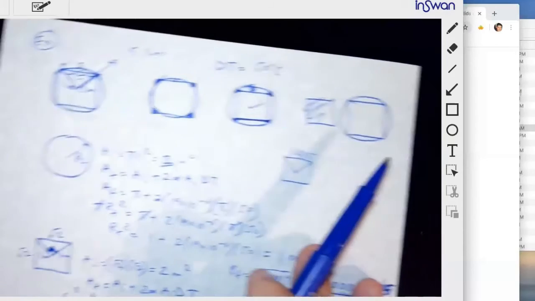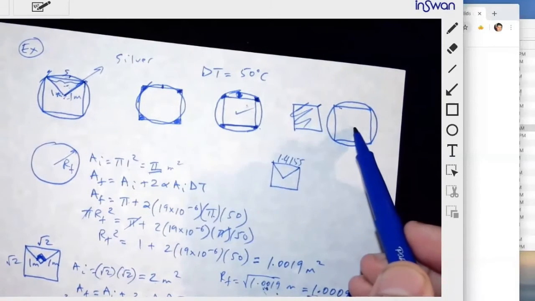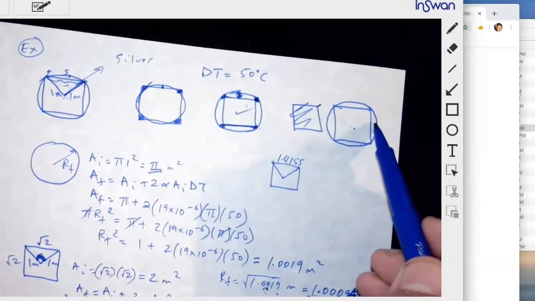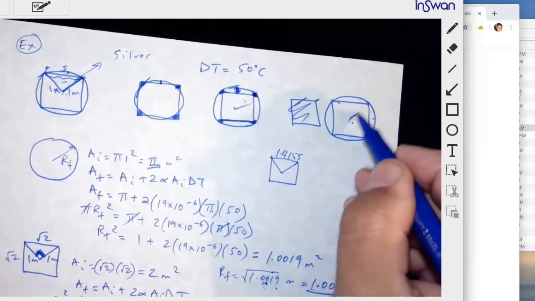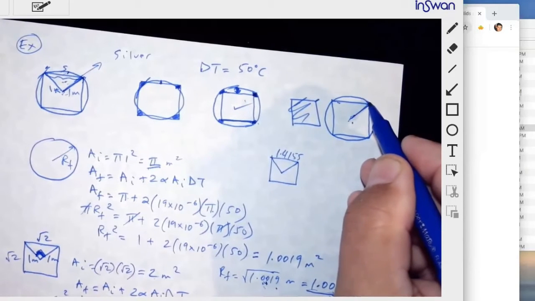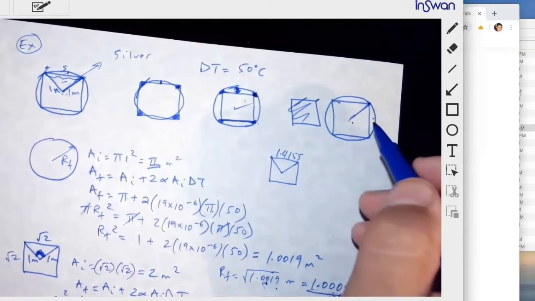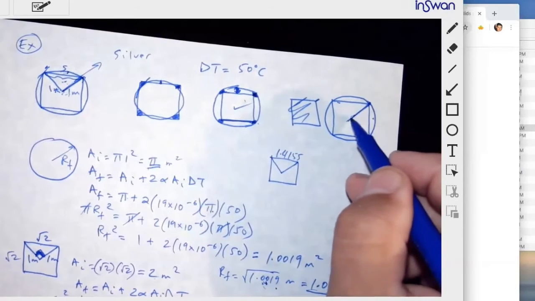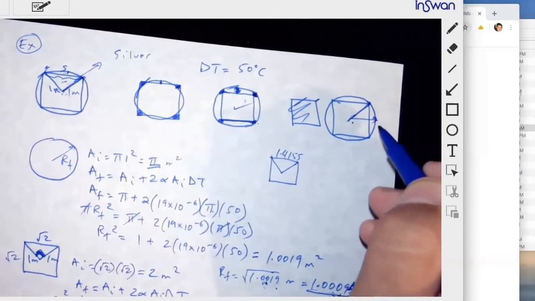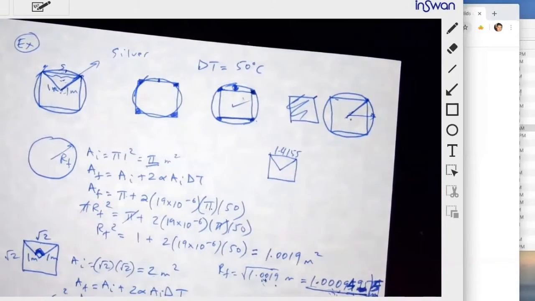So what ends up happening is that this guy is not expanding as much as that, but it doesn't need to, because its diagonal needs to keep up with the radius of the circle. As long as it does, the two sides will be touching.